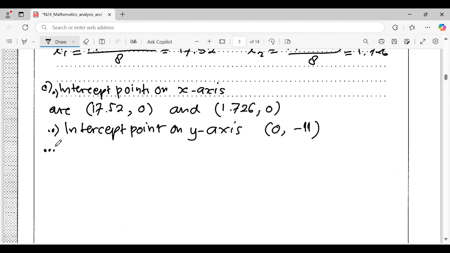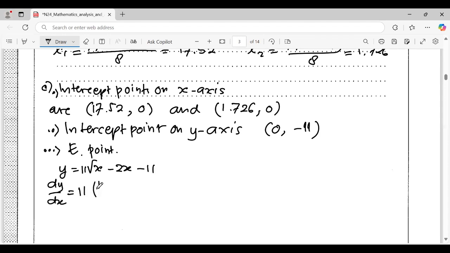The next step is to find the extreme point. We need to find the derivative of this function. The derivative is 11 times half x to the power minus half, minus 2.